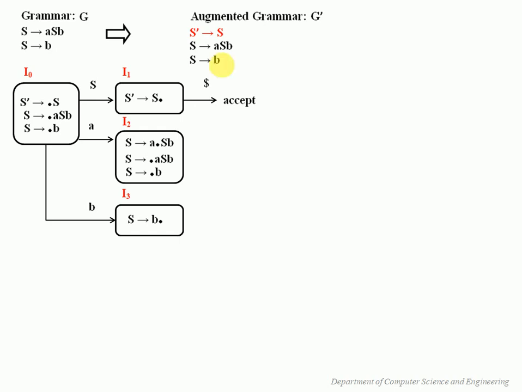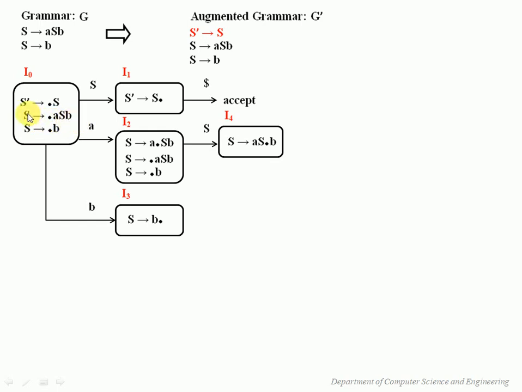From here on $ it will be accepted, that is the acceptance state. Now let us consider I2 similarly. For I2 you can have S, A and B transitions. On S you will have S gives AS dot B, and there cannot be any more items added, so you can finalize it with state I4. The other transitions are A and B. Just see this, S gives dot ASB is similar to I0, where we have S gives dot ASB.